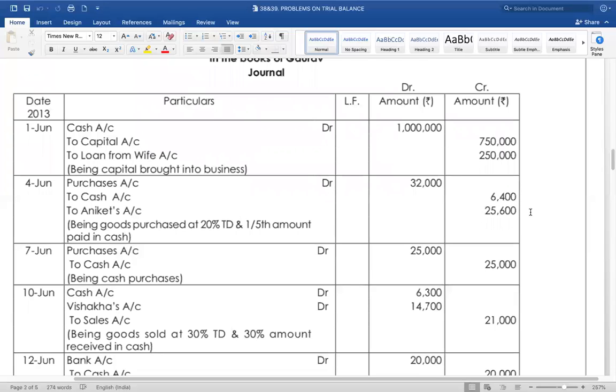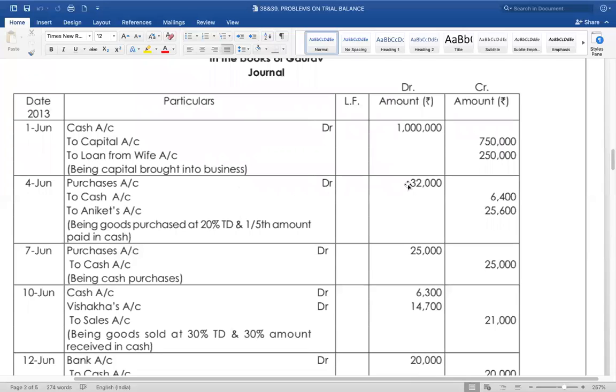And the remaining is due to Aniket. You bought material for 32,000. Actually it is 40,000. Out of 40,000, he already paid 8,000. So that's different in cash.